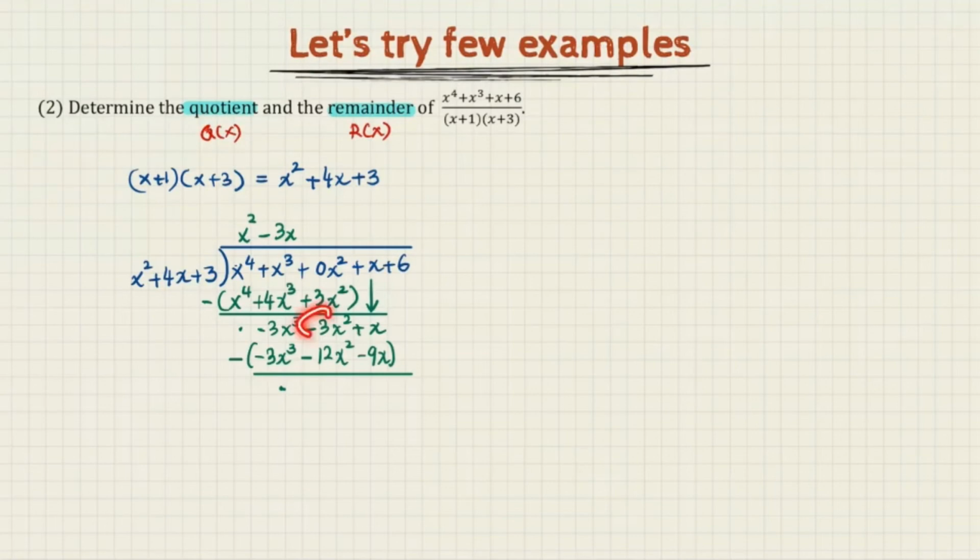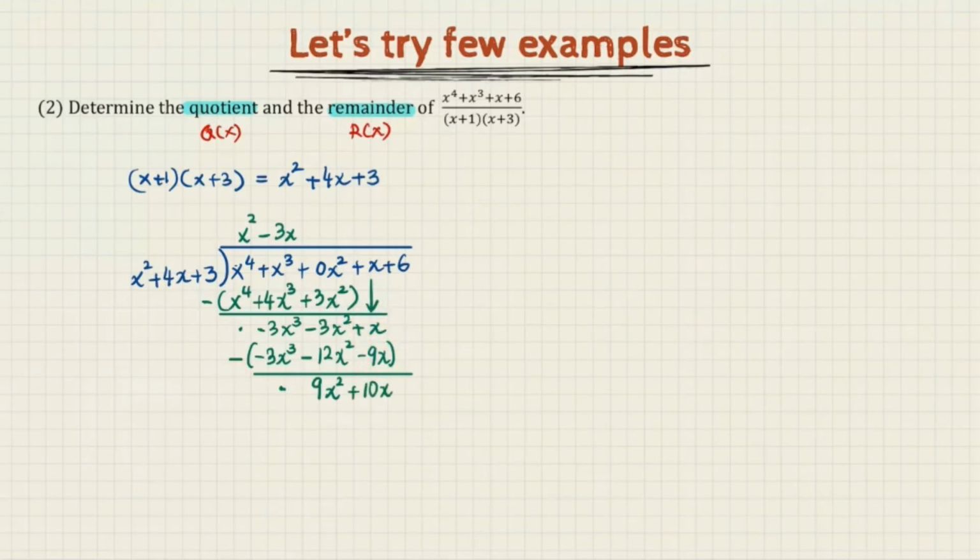And then negative 3 minus negative 12, negative 3 plus 12, how much? Is it 9? 9x square, okay. And x minus negative 9, so 1 plus 9 will be plus 10.